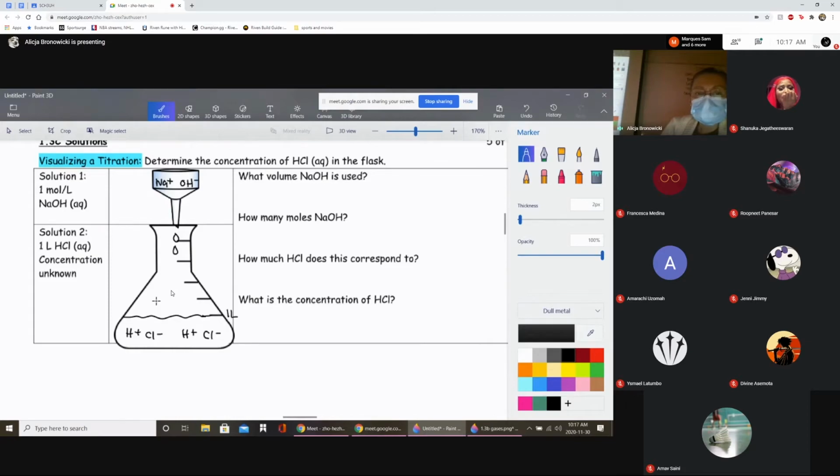So I'm starting my titration and I'm dripping in sodium hydroxide. I drip in a liter of sodium hydroxide, and it's 1 mole per liter. How many moles of sodium hydroxide have I dripped in?